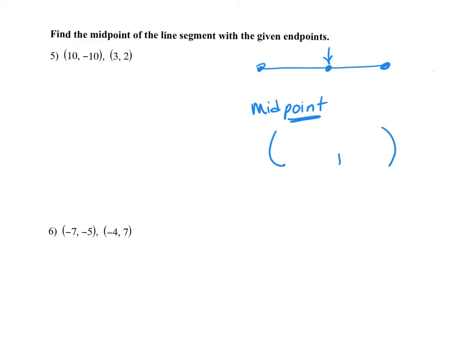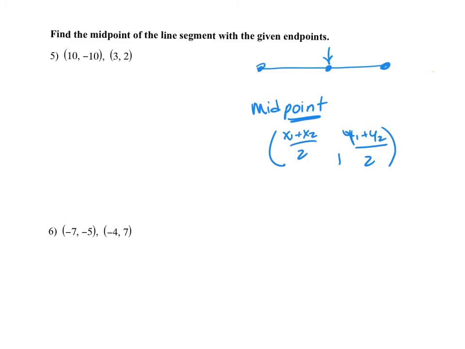What's the distance between James and I? It's about 10, 12 feet, right? That's a number. But when I find a midpoint on a graph, you're finding a coordinate of that graph, okay? So the formula is x1 plus x2 divided by 2 and y1 plus y2 divided by 2.